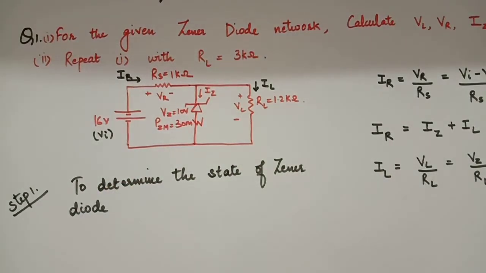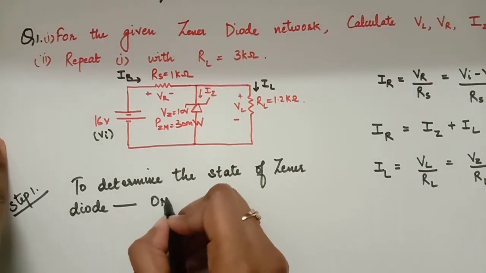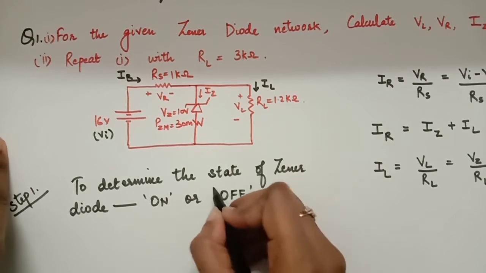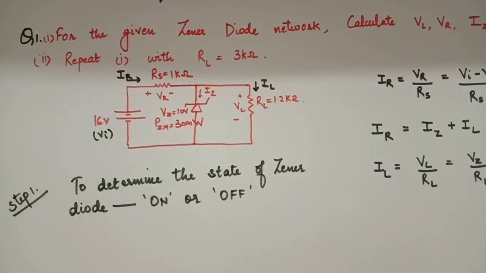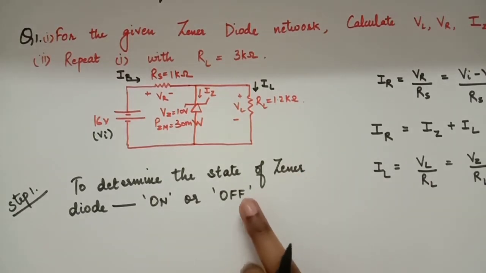And what is meant by the state of Zener diode? Whether it is on or off. So see what we are doing over here. In this step, we are determining the state of Zener diode, whether it is on or off.